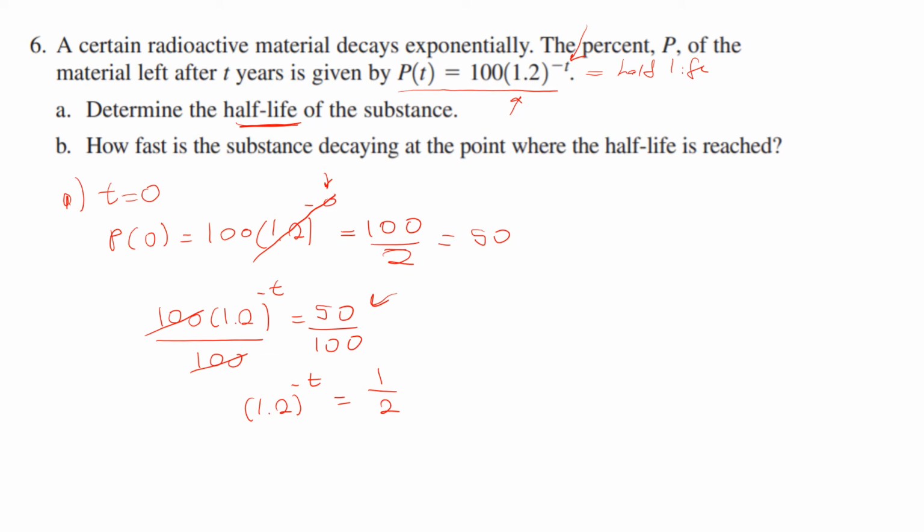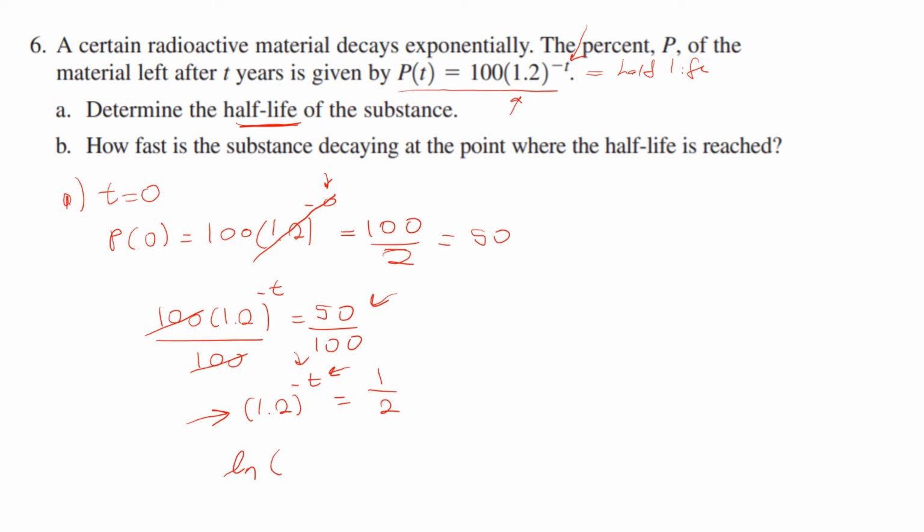I can take the ln of both sides to get this t. What I mean by that, in case you don't know, is when you take the ln of anything in this form and what you're trying to find is the value of the power, you're trying to bring that power down.